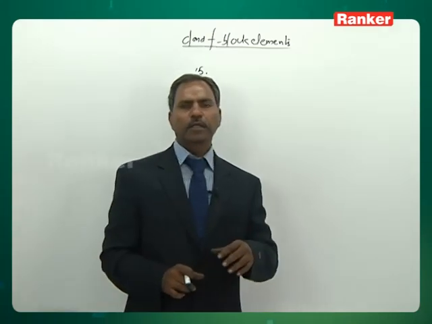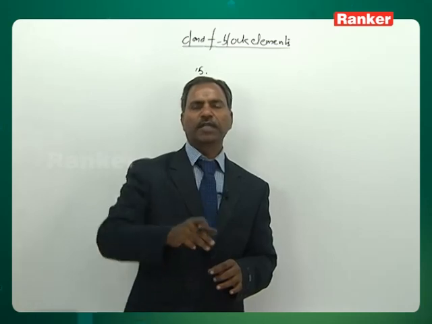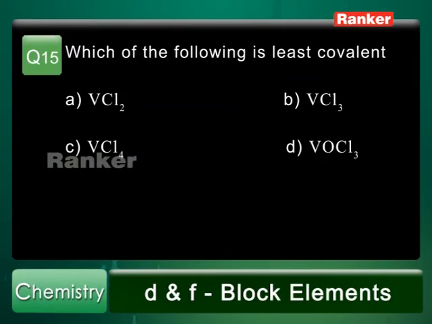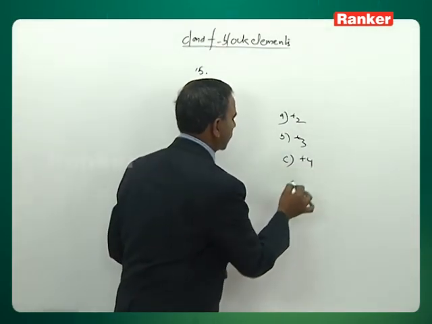More ionic means, among the given options, consider which has the lower oxidation state for vanadium. Option A, VCl2, simply vanadium is plus 2. Option B, VCl3, vanadium is plus 3 oxidation number. Option C, VCl4, it is plus 4.